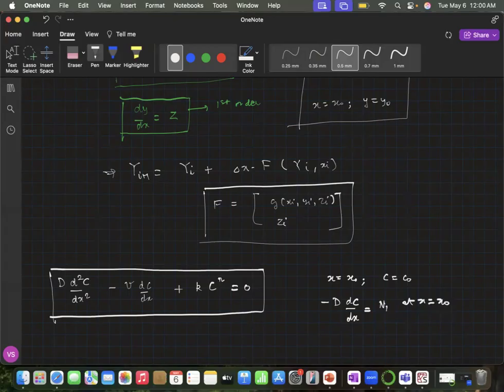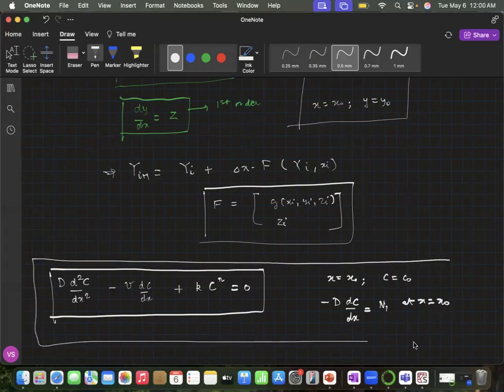So now this becomes an initial value problem, and we can solve this problem using the method that we just learned.